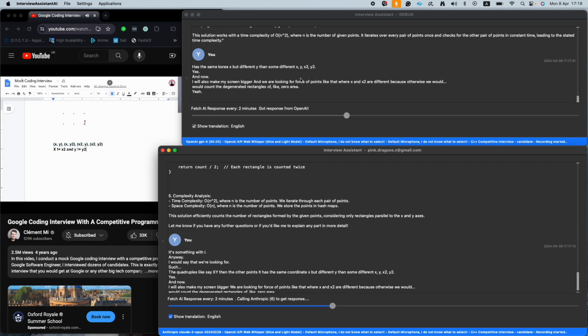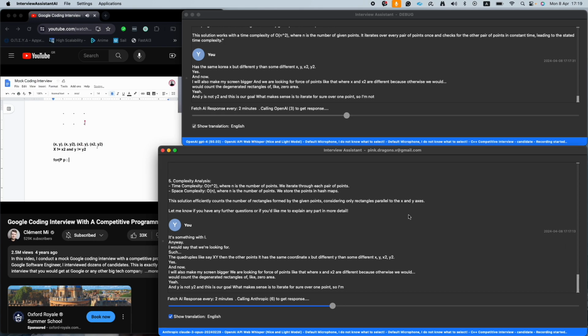What makes sense is to iterate for sure over one point. So I'm not yet sure what I'm going to do fully, but some pseudocode would be that I iterate over one point in points. And this will be my x and y.